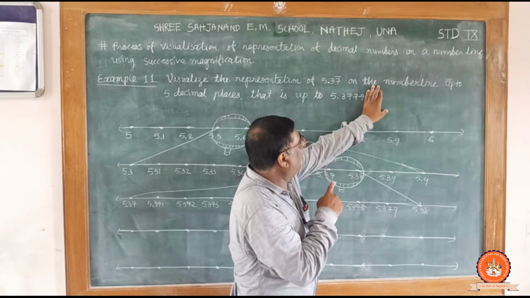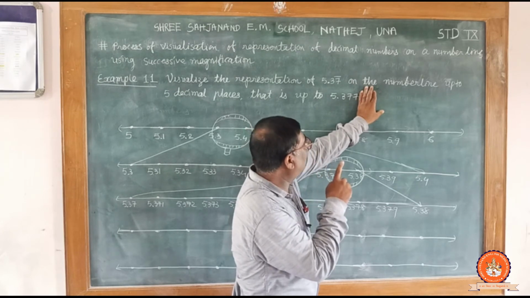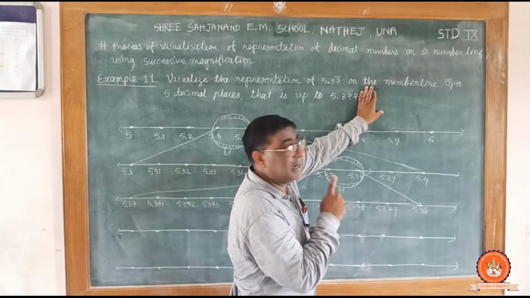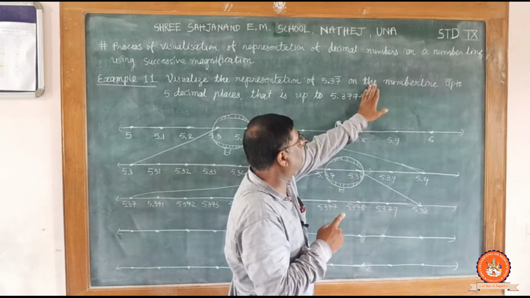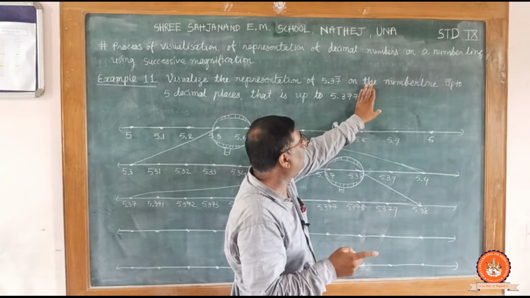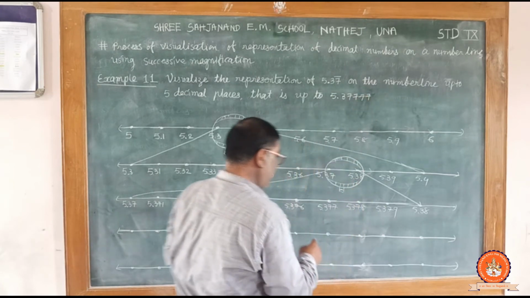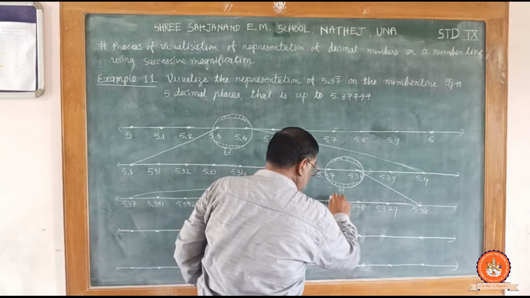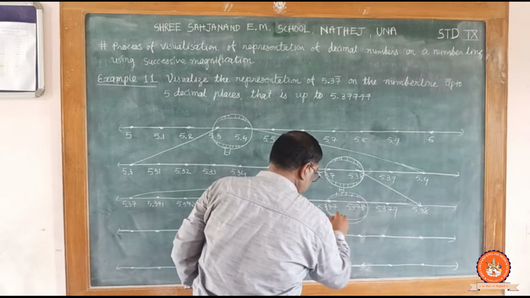5.3777, and this number lies between 5.377 and 5.378. So this number 5.3777 lies between 5.377 and 5.378. So we have to visualize or zoom into this portion only.